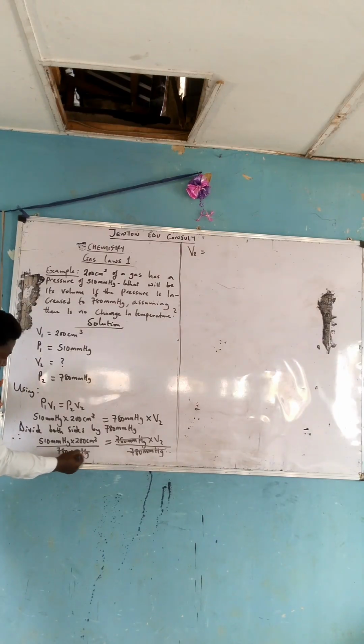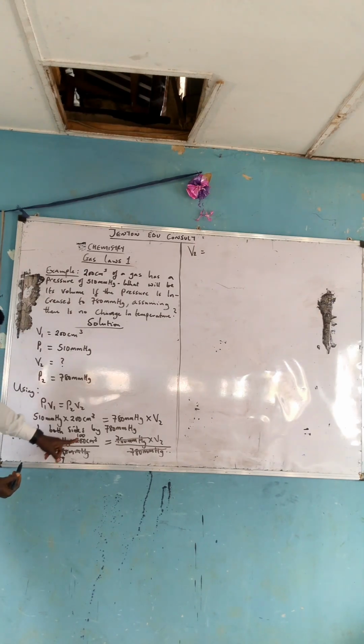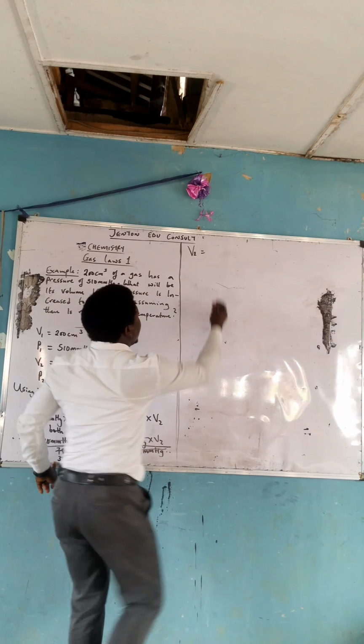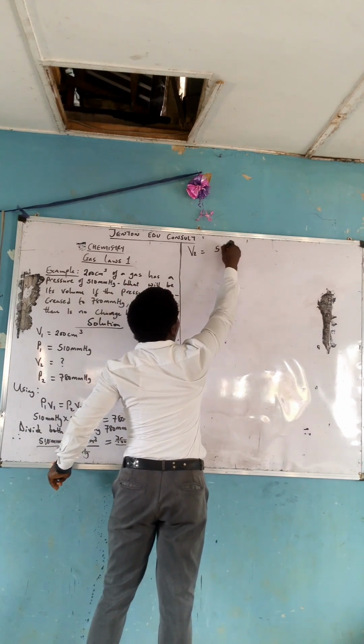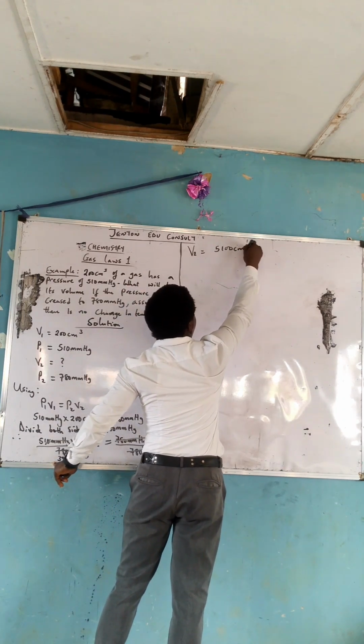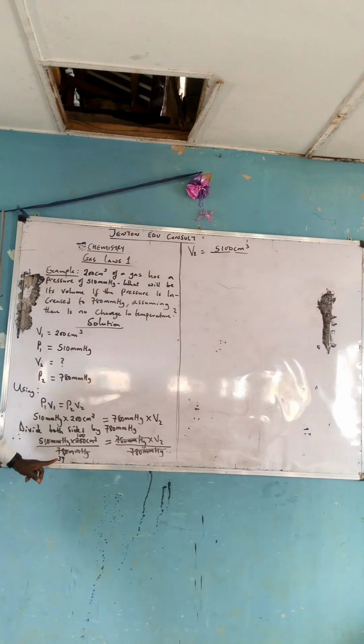But here, millimeter mercury cancels millimeter mercury. 10 takes off 10 here. Okay? 2 we go here, 100 times, and 2 we go here, this is 39 times. So in other words, we are going to have 51 multiplied by 100 centimeter cube. 51 times 100 will give me 5,100. So I'll be having 5,100 centimeter cube here, divided by, at the denominator, I am left with 39.